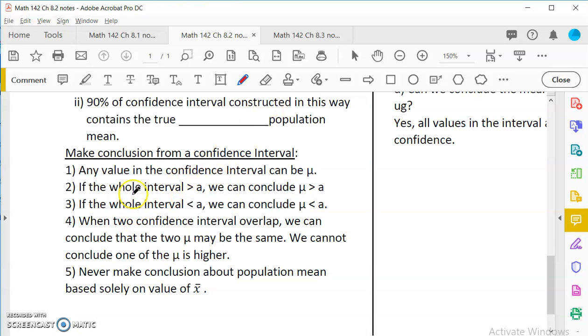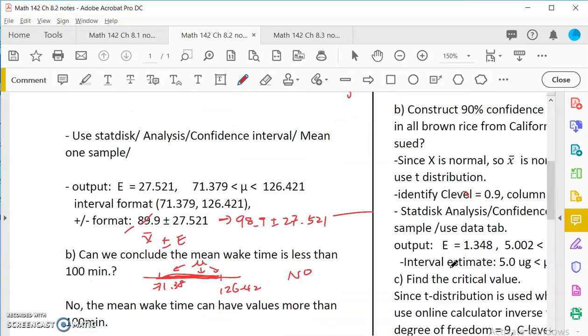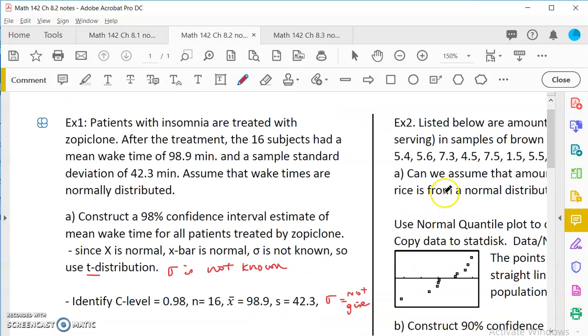Also, if two intervals overlap, we cannot say that one is higher than the other. Remember, never make a conclusion using the sample mean. Even if the sample mean is less than a number, you cannot say that the real mean is less than that number. Use the whole interval to make the conclusion. We'll do another video on how to do this using data.